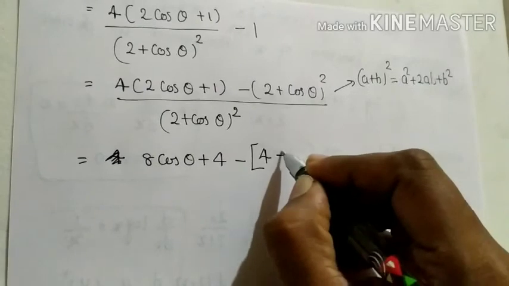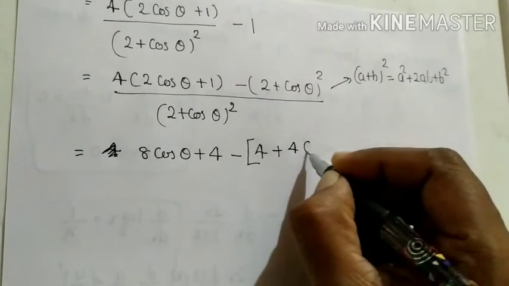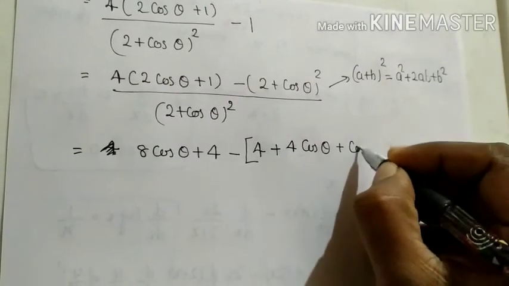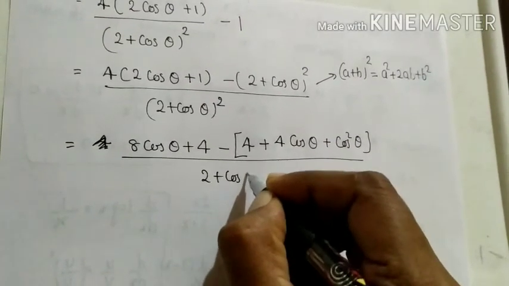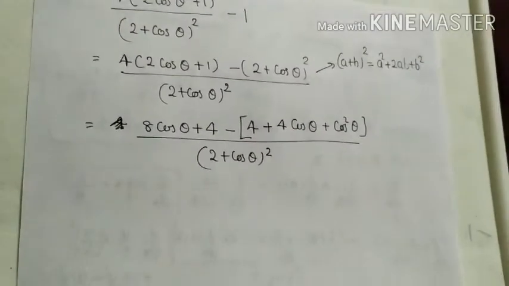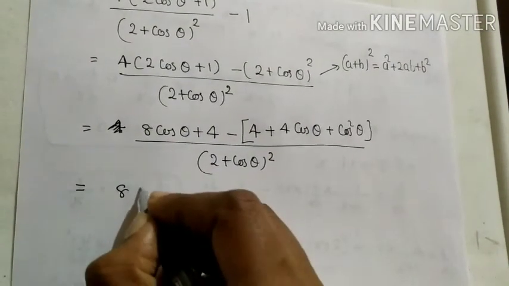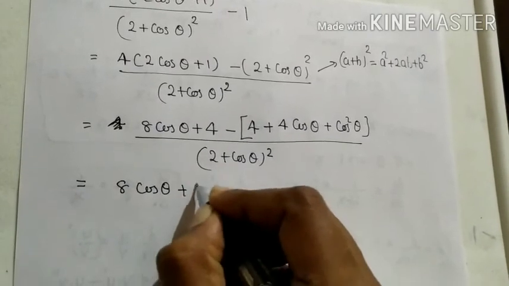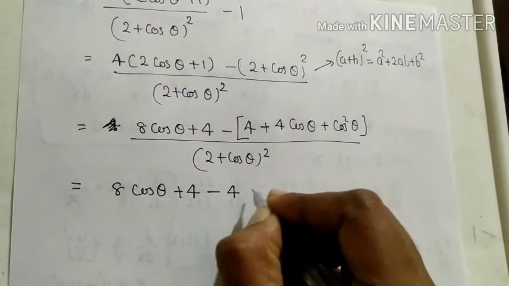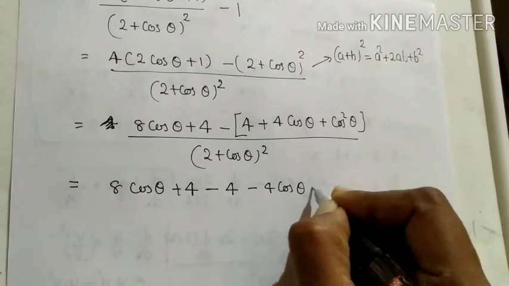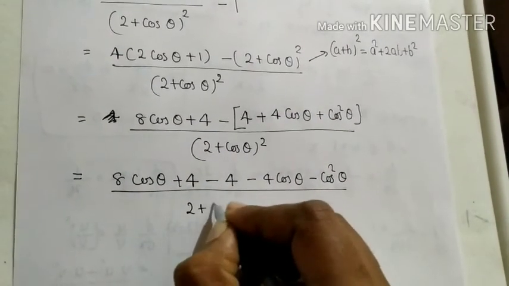So 4 plus 2 into 2, that is 4 cos theta, plus cos square theta, whole divided by 2 plus cos theta the whole square. Okay, and which will be further equal to 8 cos theta plus 4. After opening this bracket, we get minus 4 cos theta minus cos square theta whole divided by 2 plus cos theta the whole square.